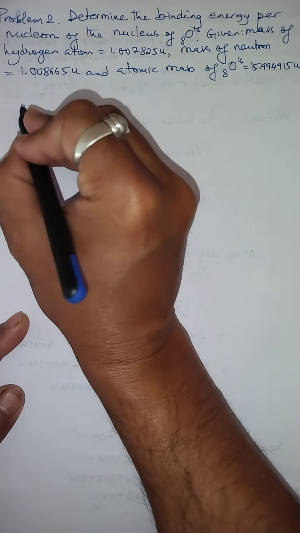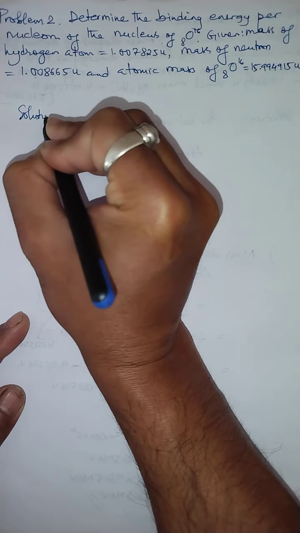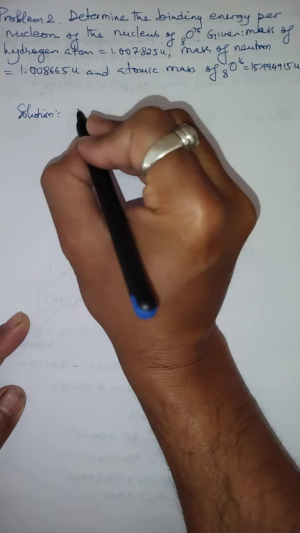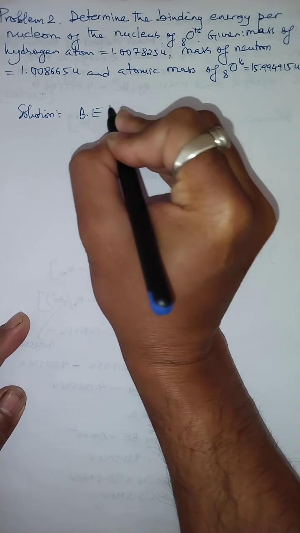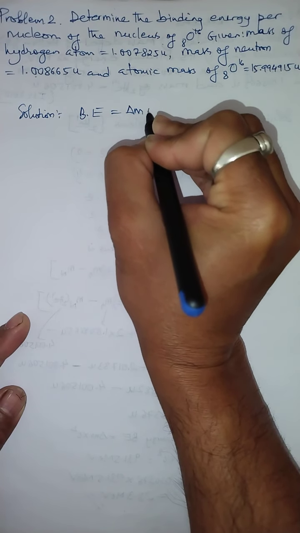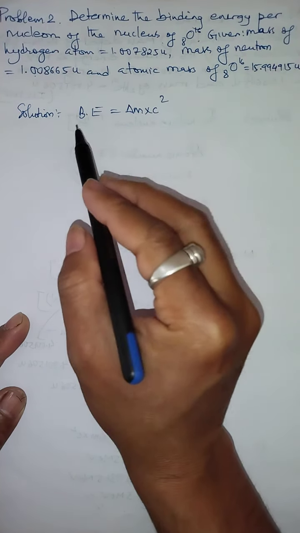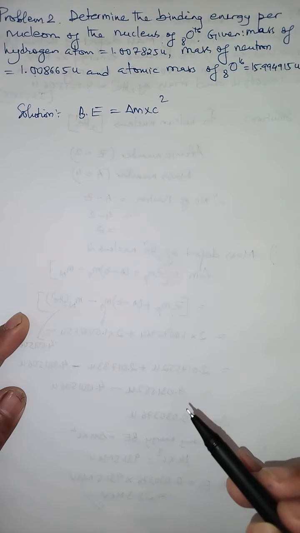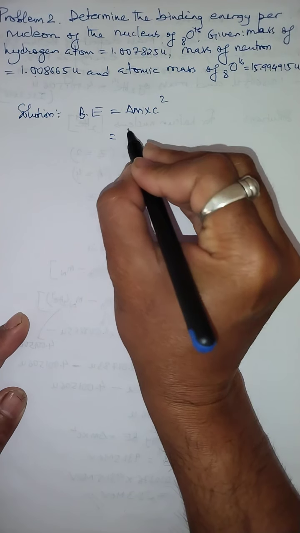So let's do the solution of this question. I calculate directly. The formula is binding energy, as you know, equals mass defect times c square. But what is the formula of mass defect here?